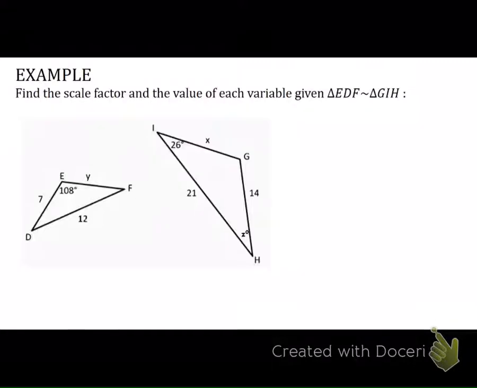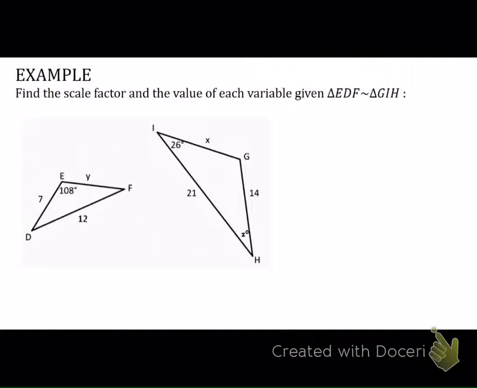All right. So find the scale factor and the value of each variable given triangle EDF is similar to GIH. So what do you know about two similar triangles and their angles? What do you know about the angles of a similar polygon? Angles are corresponding, but what about the corresponding angles do we know?